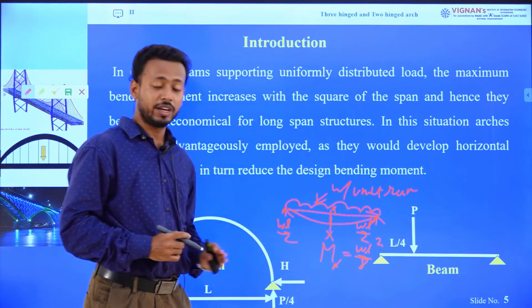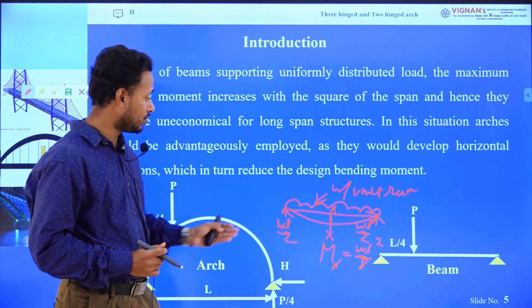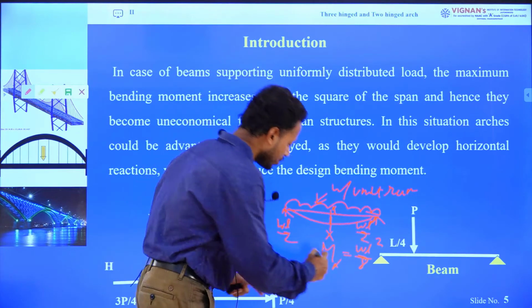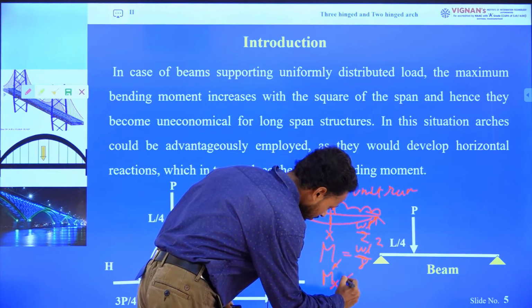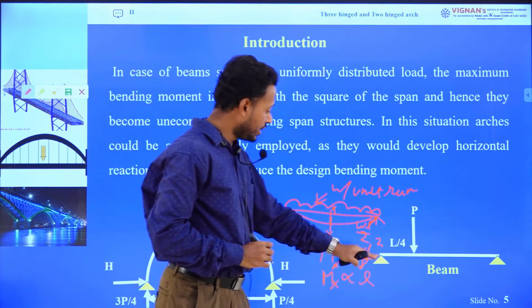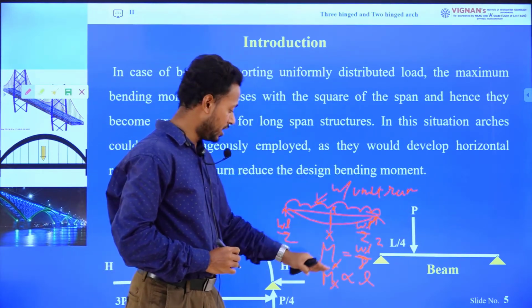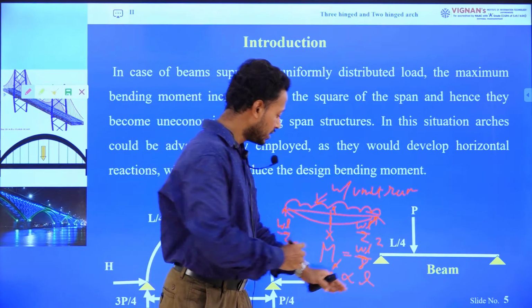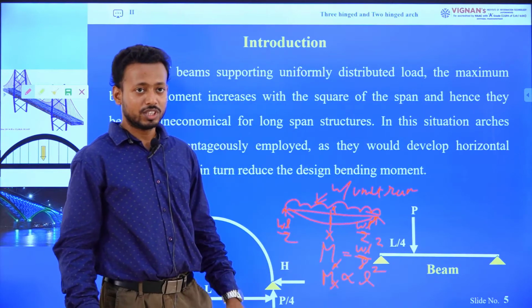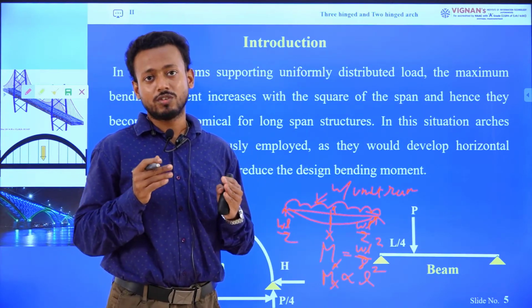In case of a beam structure, the bending moment is proportional to the span of the girder. Once you increase the span of the girder, the bending moment will increase with the square of the span. So this is the disadvantage of a beam structure.